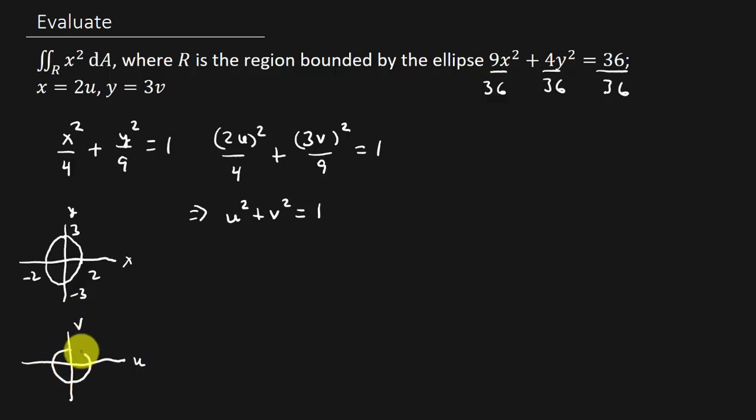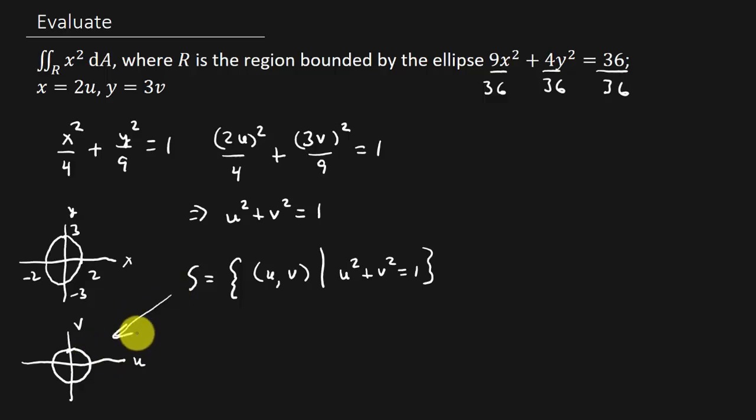And this is just a circle with radius 1 centered at the origin, u squared plus v squared equals 1. All right, so we have our region S is the region of u, v, such that u squared plus v squared equals 1. This is our region for our change of variable.